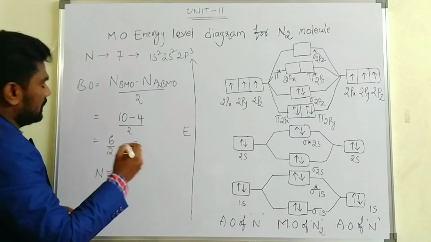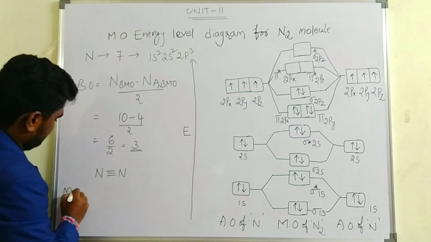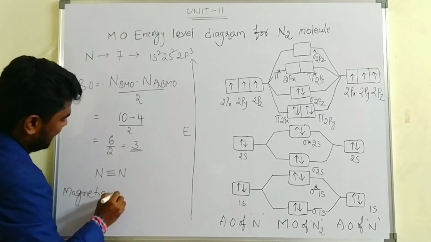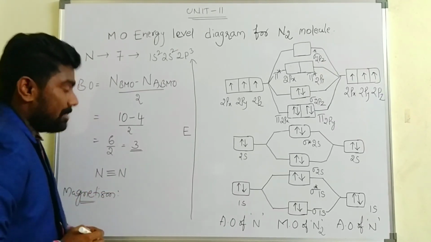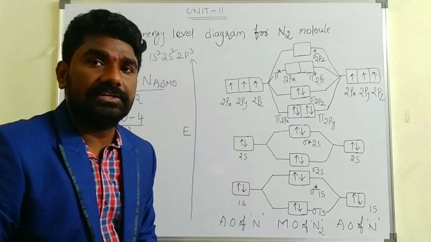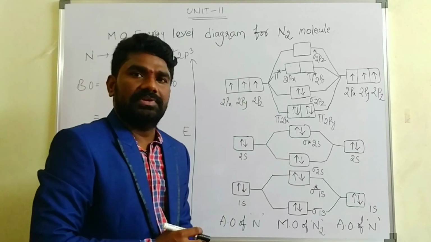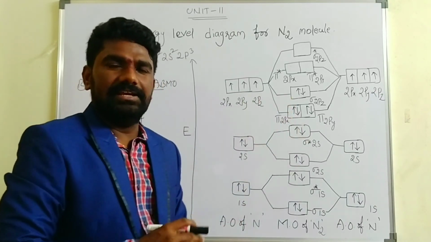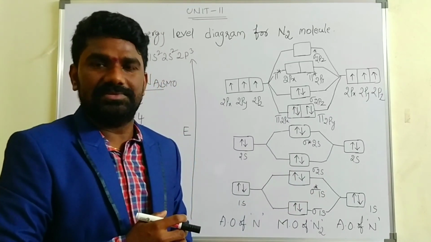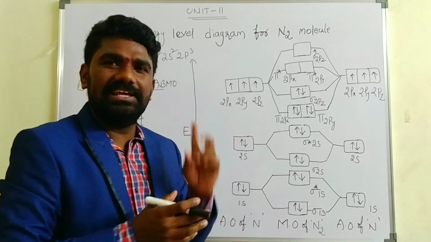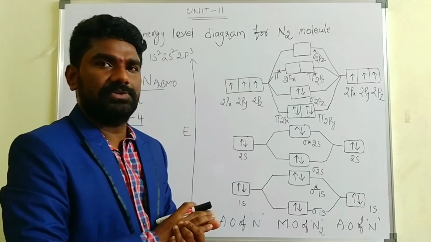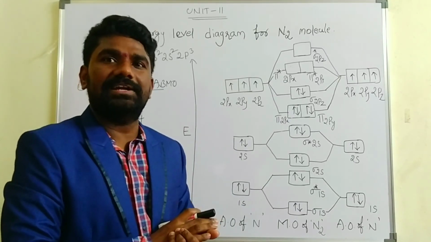Then coming to the magnetism, the magnetic property. What is the magnetism of the nitrogen molecule? Is it paramagnetic or diamagnetic? Check whether it has any lone electrons; if so, it can have paramagnetism. If it does not have any lone electrons, that means all the electrons are paired up, the molecule will be diamagnetic in nature.